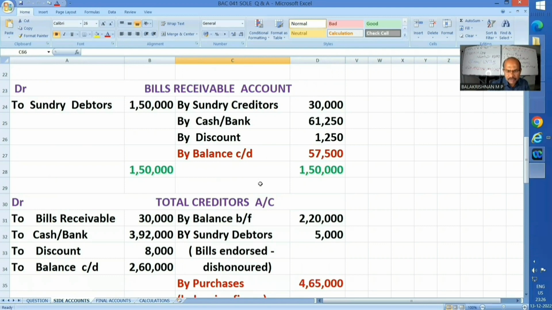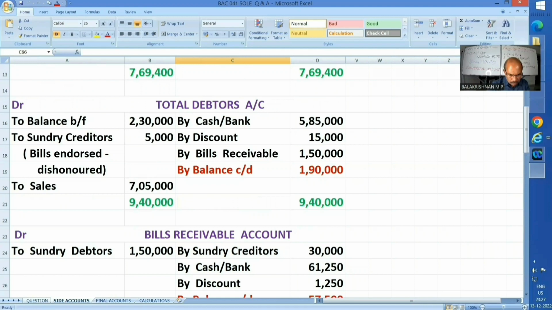Okay, after receiving the bill, you can handle it in many ways. You can have it discounted, you can endorse it to somebody, or just keep it in the cupboard till it is met. So here they have endorsed to somebody. Total creditors to bill receivable, or bill receivable credited by creditors, 30,000.